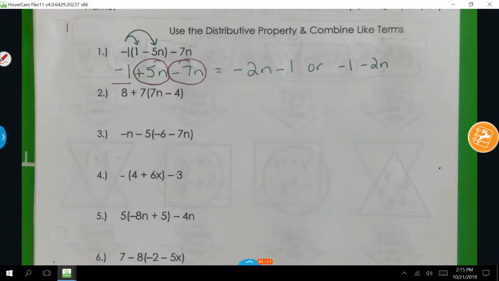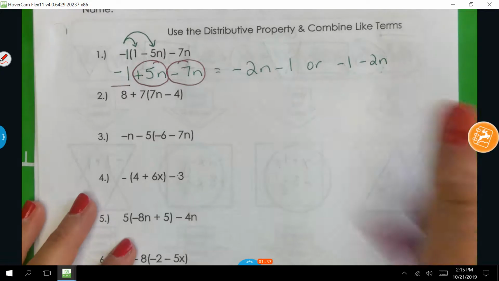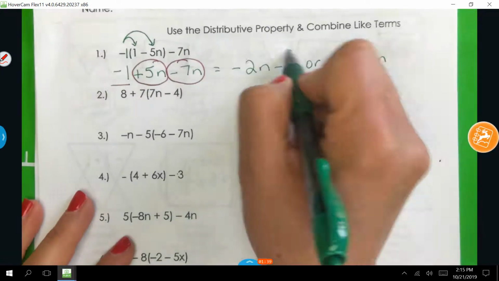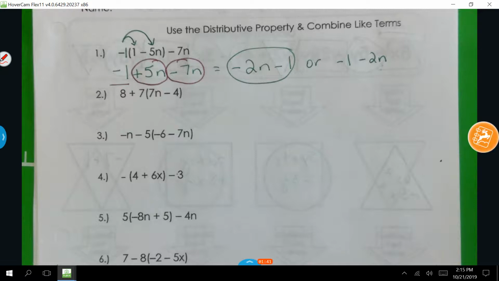Typically, they go in alphabetical order. So if there's an x term, that will go first, then the y term, and then if there is a constant, which is just the number, that goes at the very end. And if there's an x squared, it'll go before something that's an x. This is just the order of math, and this isn't like this year. This is for the rest of your mathematical careers and years. So this is the more accepted answer.